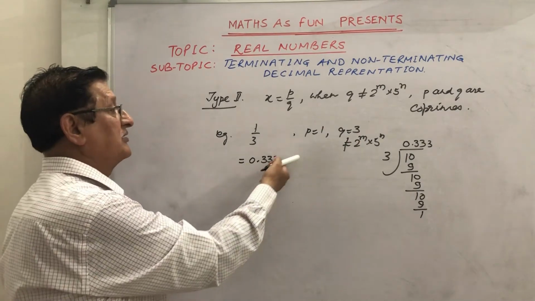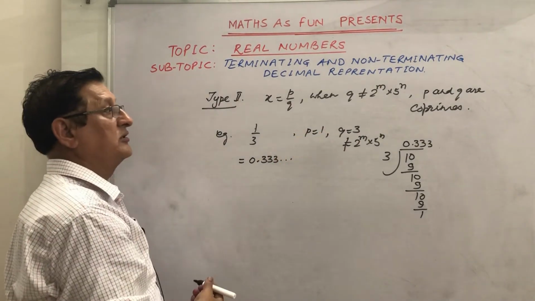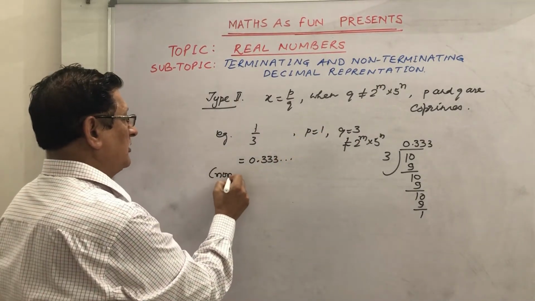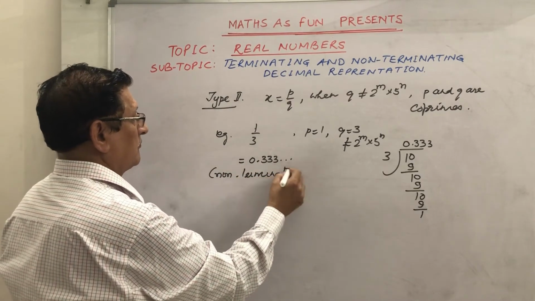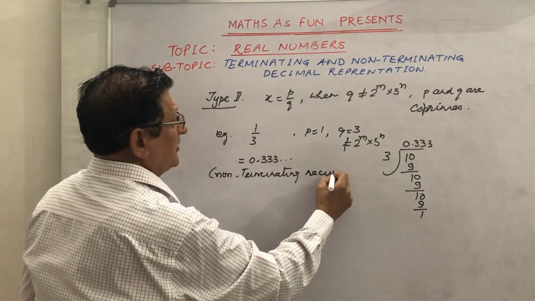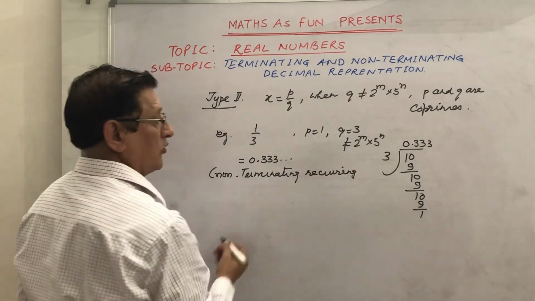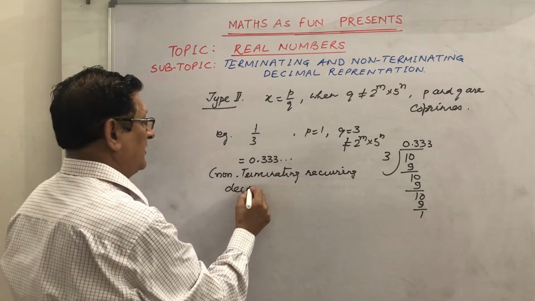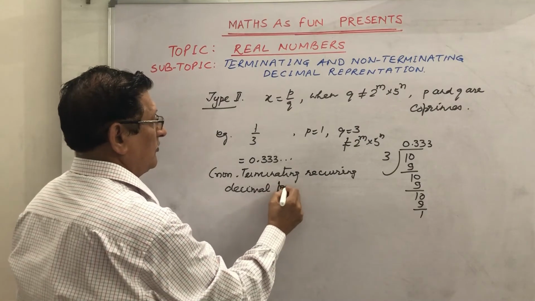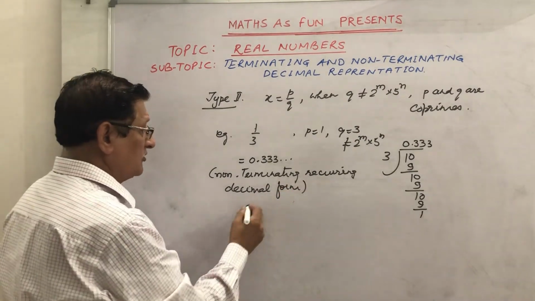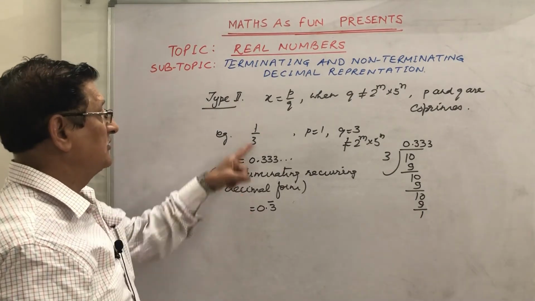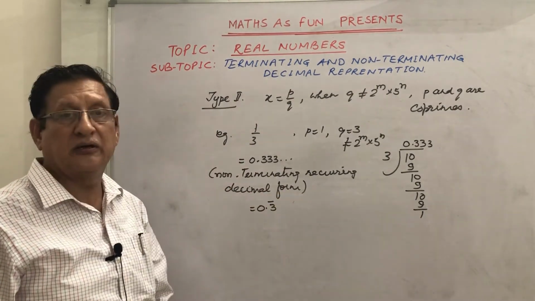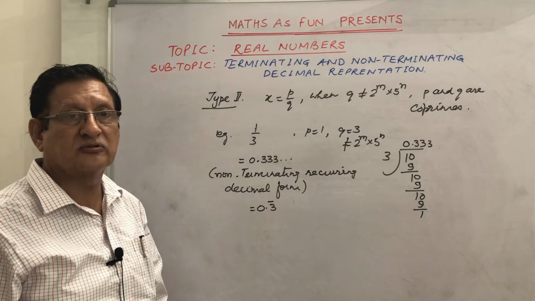We are finding this is recurring and non-terminating. So we say it is a non-terminating, recurring or repeating decimal form. We can also write this as 0.3 bar. This bar shows that this 3 is being repeated infinite number of times.